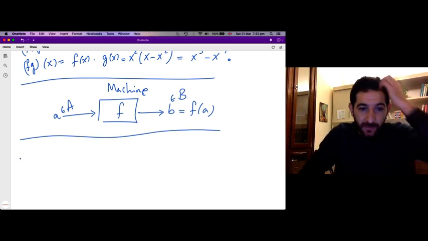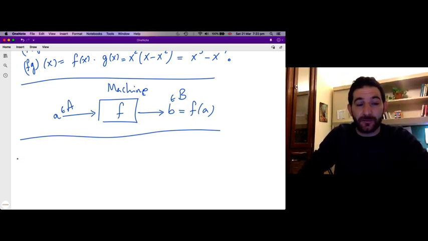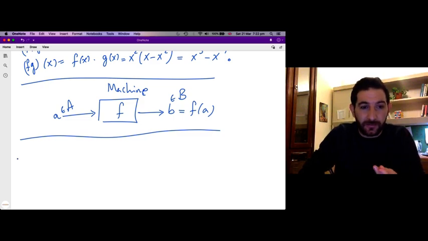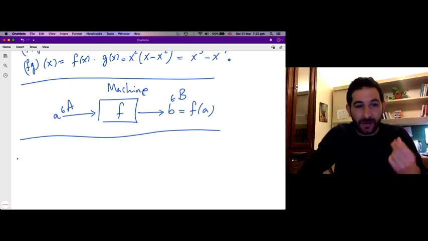Now let's define the image of a subset of the domain. So we know that a function assigns an image to every element in the domain.